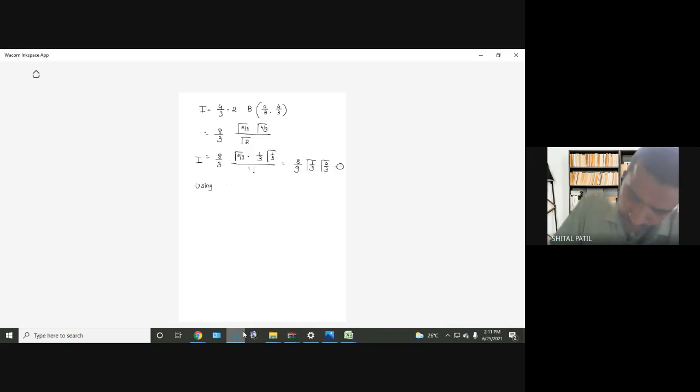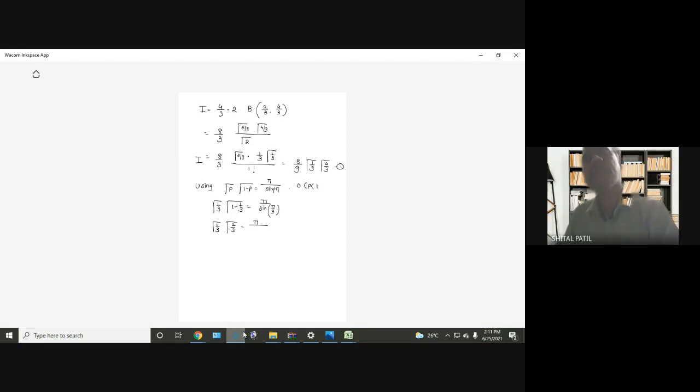Use this formula. So P is 1 by 3. Sine of 60 is root 3 by 2.